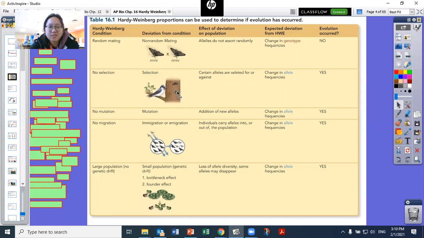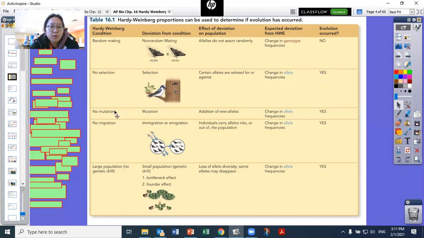So obviously the bird is going to be able to catch the lighter colored ones easier and eat them more often, right? So the effect of having selection would be that certain alleles are selected for or against. Okay, so the expected deviation from Hardy-Weinberg equilibrium is that there's going to be a change in allele frequencies. Has evolution occurred? Yes.